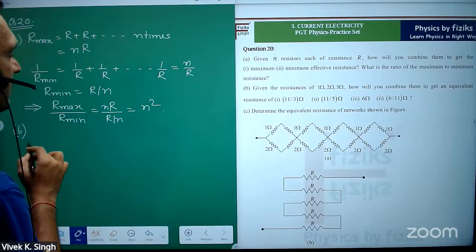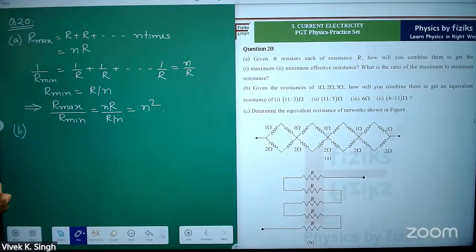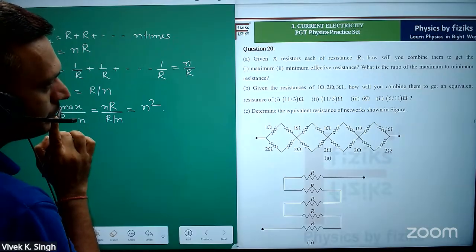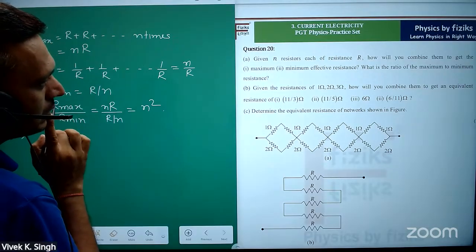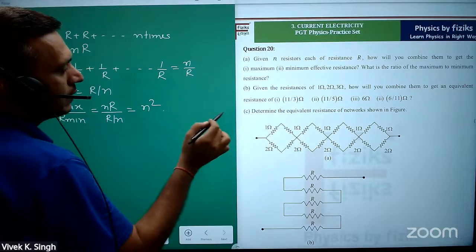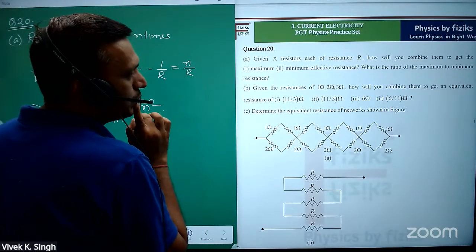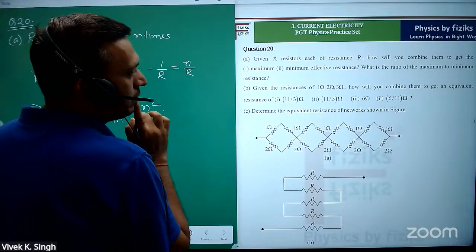Equivalent resistance is 11 by 3 ohm. So how will we get 11 by 3? If you take the parallel combination of 1 and 2, it will give you 2 by 3.